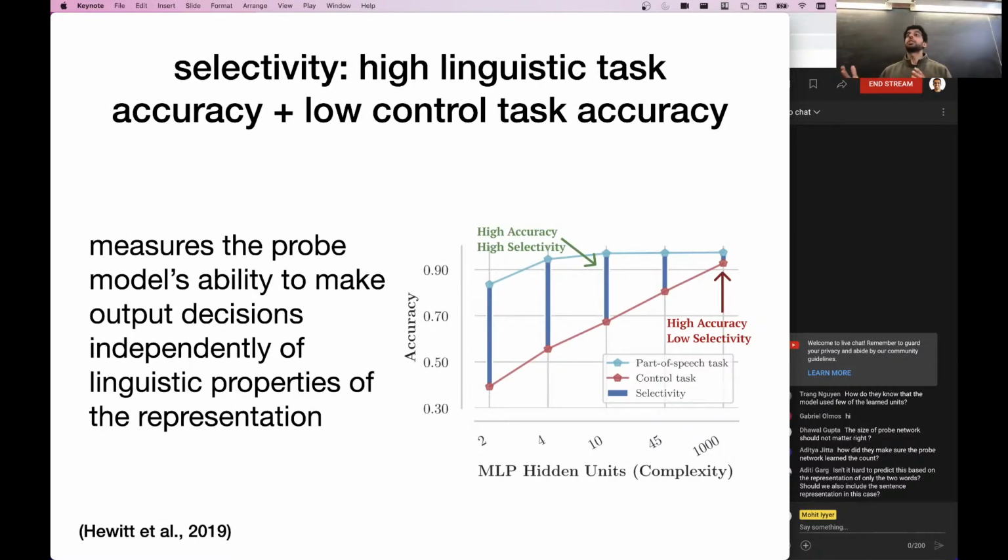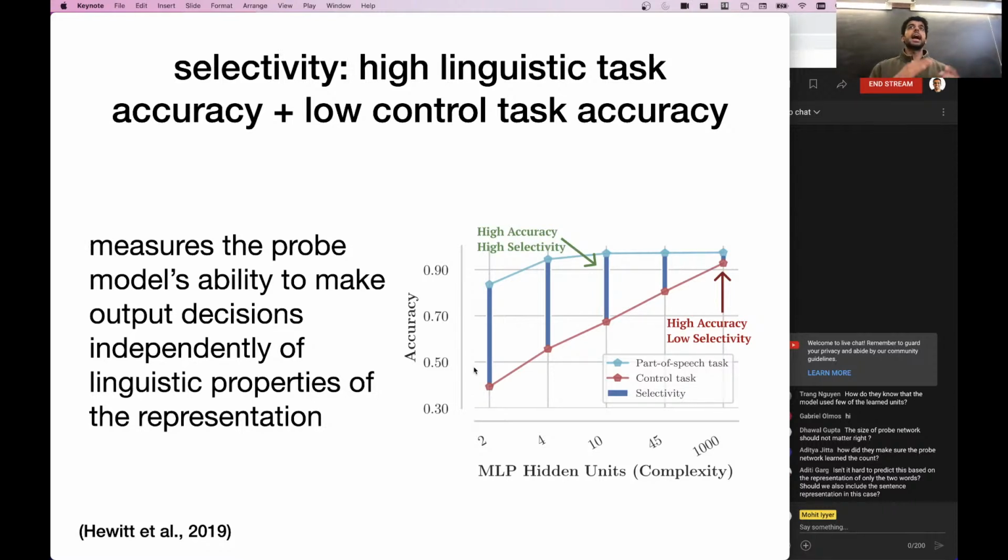And this paper showed that you can measure not only the accuracy of your probe network on part of speech tagging, which is this top curve here, but you can also measure the accuracy of your probe on the control task.